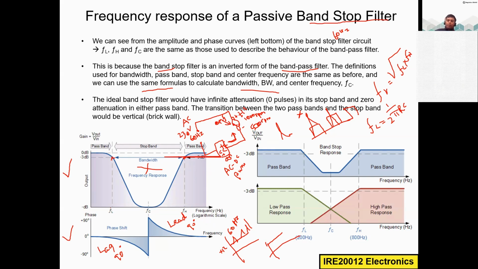Why am I talking about the 60 hertz example here? We talk about the notch filter. A notch filter is nothing but a band stop filter. If you reject a very, very narrow band of frequencies, then the band stop filter is called a notch filter.